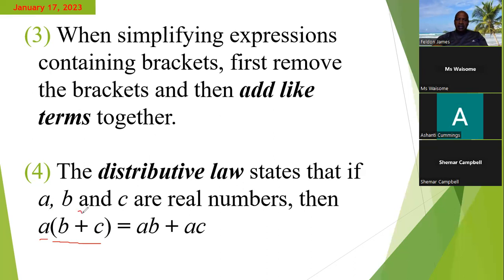Let's say, call the bracket X. Then what you'd really have here is A times X. So if you have A times X, this is really a product. So if you have A times bracket, you really have a product.